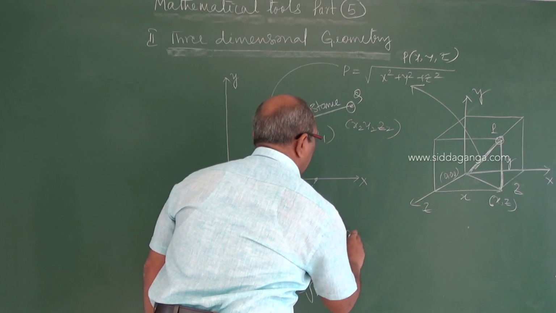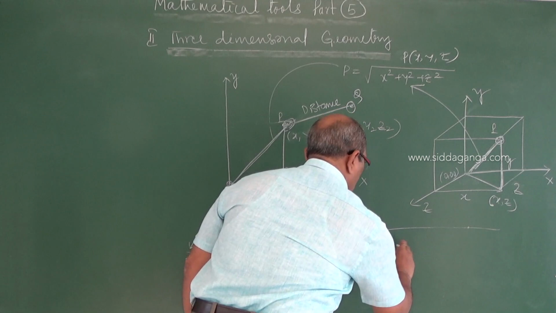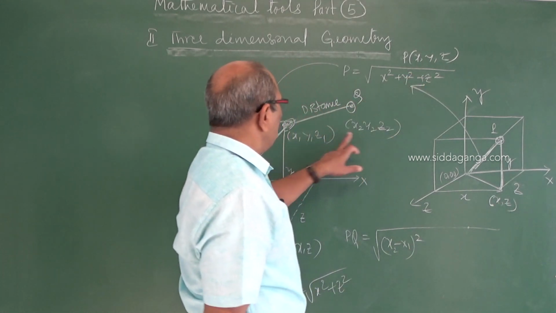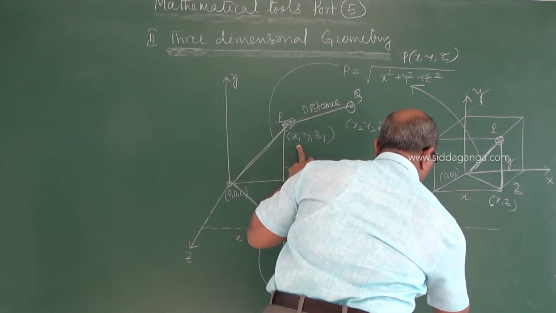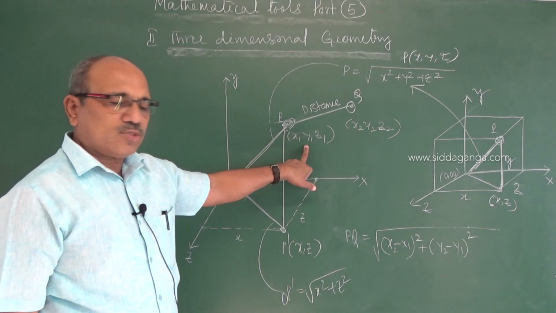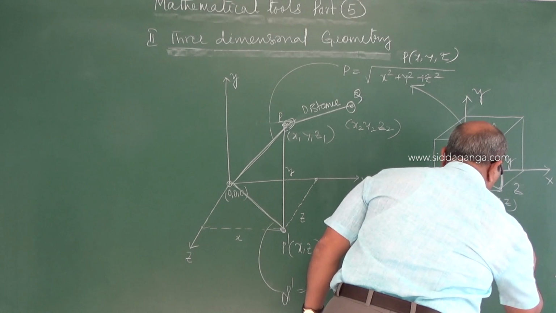PQ is equal to root of (x2 minus x1) whole square plus (y2 minus y1) whole square plus (z2 minus z1) whole square.